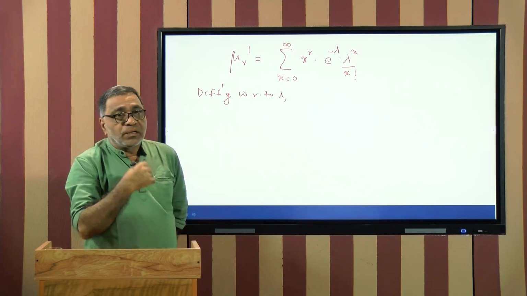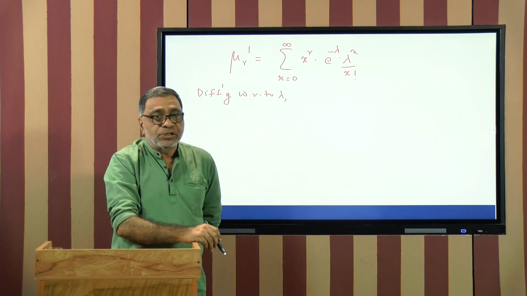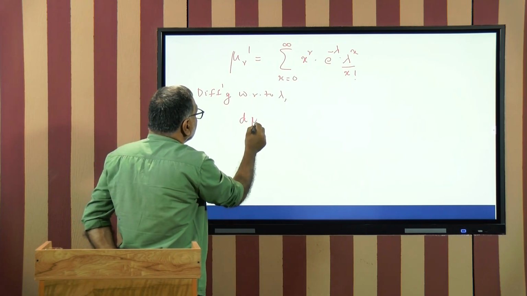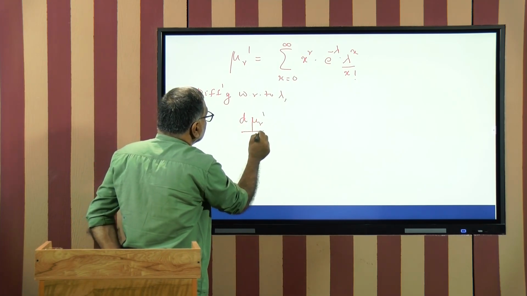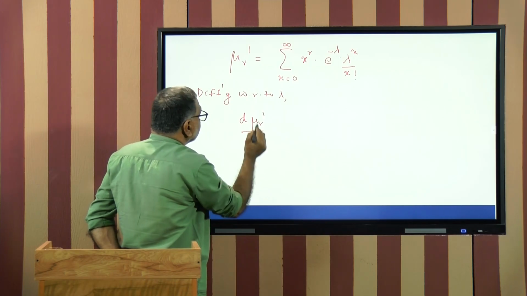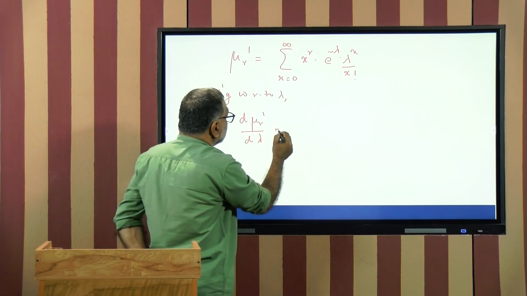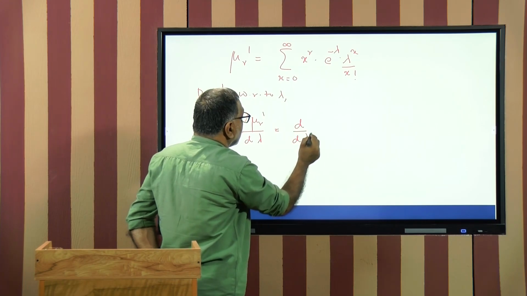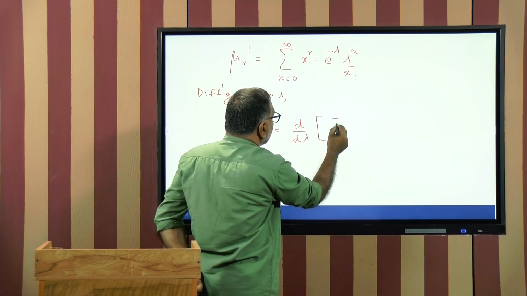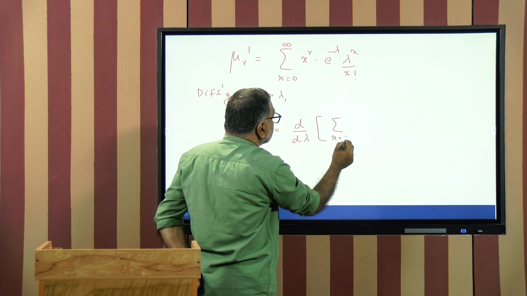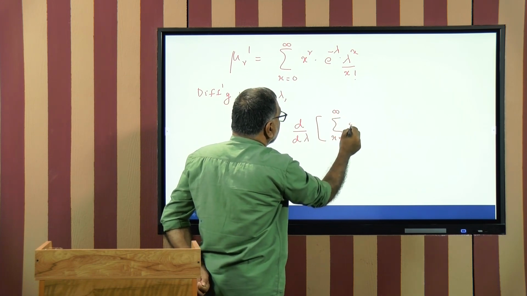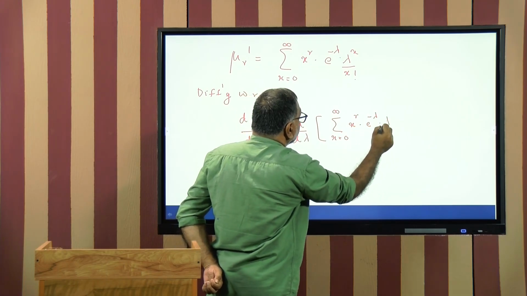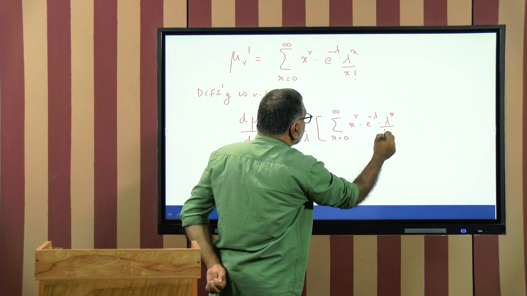When we differentiate with respect to lambda, the left hand side is the derivative of mu r dash with respect to lambda, equal to the derivative of the right hand side, d by d lambda of sigma over x 0 to infinity x power r e power minus lambda, lambda power x divided by x factorial.